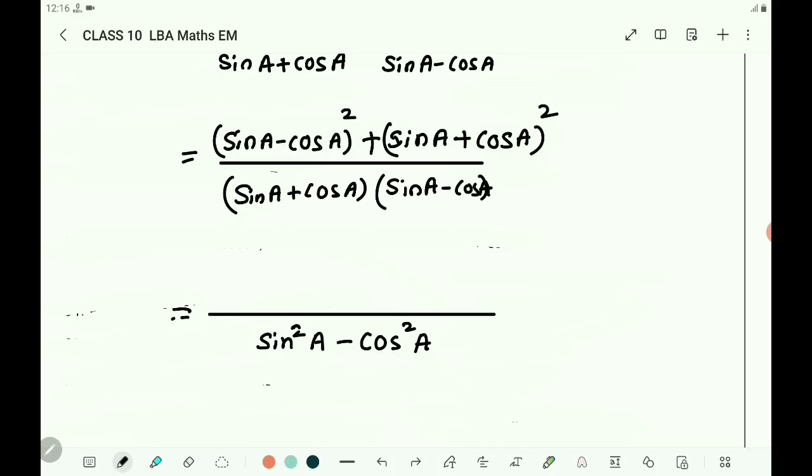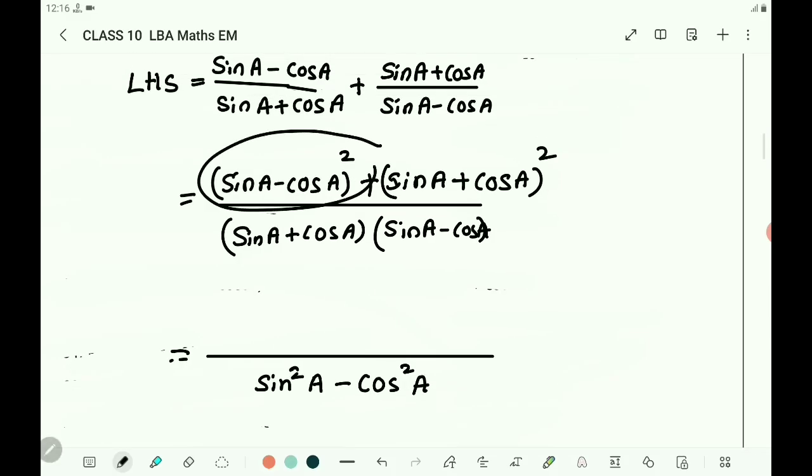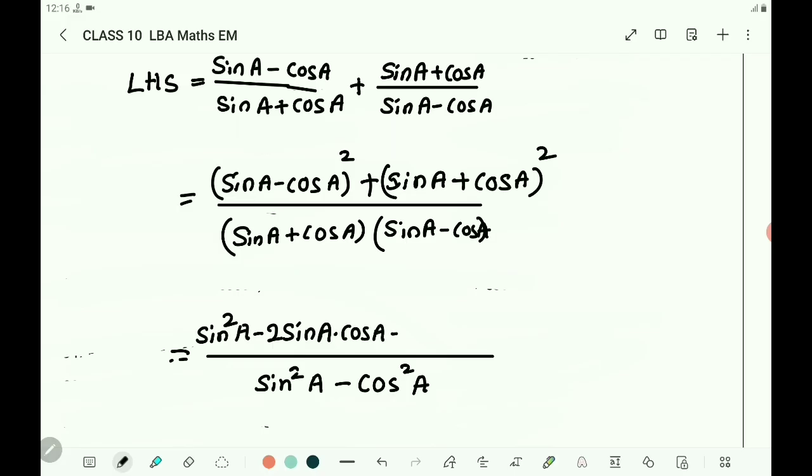Then write the expansion of sin A minus cos A whole square by using the identity A minus B the whole square equals A square minus 2AB plus B square. A square is here sin square A, minus 2AB is 2 sin A into cos A, plus cos square A, that is B square.